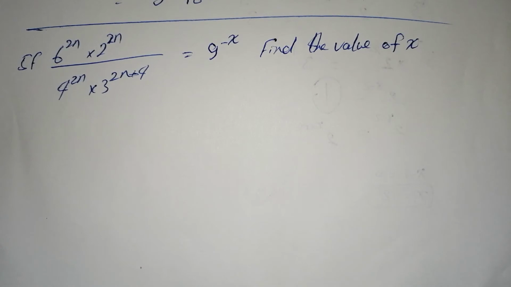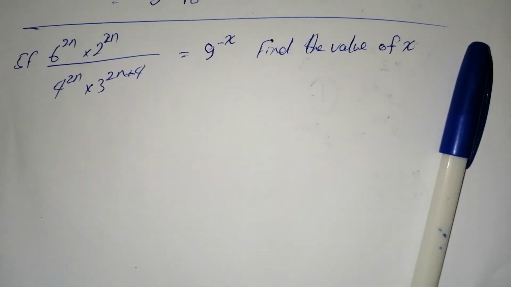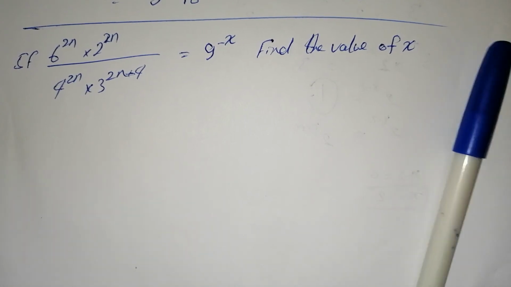And now we have another question, and this is the last question for today's lesson, and it says if we have 6 power positive 2n by 2 power positive 2n, and then we have in the denominator 4 power 2n times 3 power 2n plus 4, which is equal 9 power negative x. Find the value of x. That's very good.